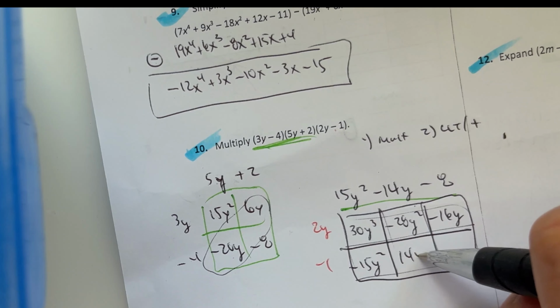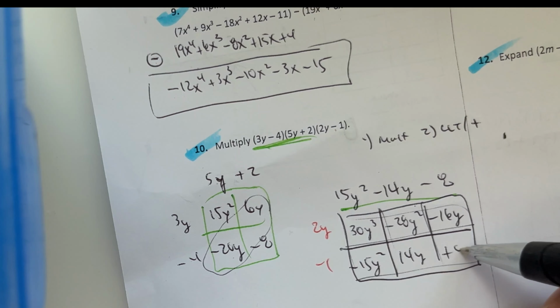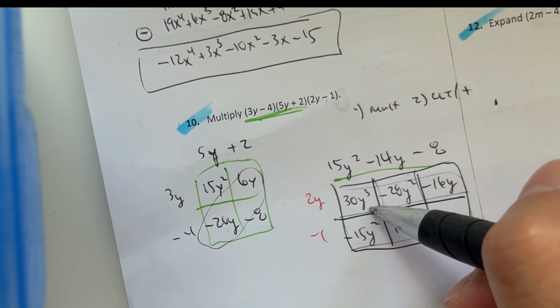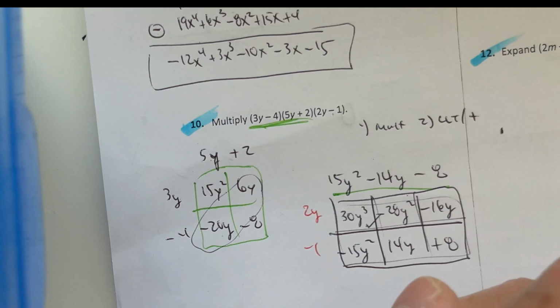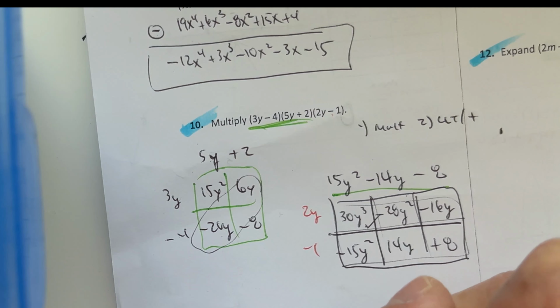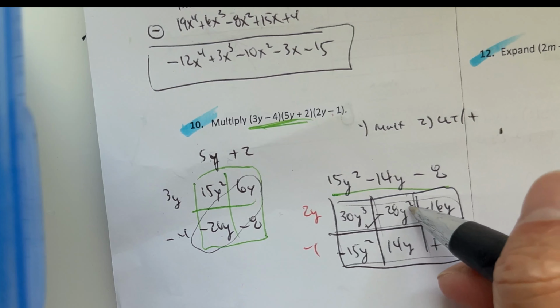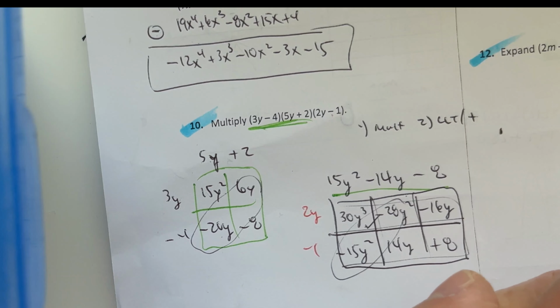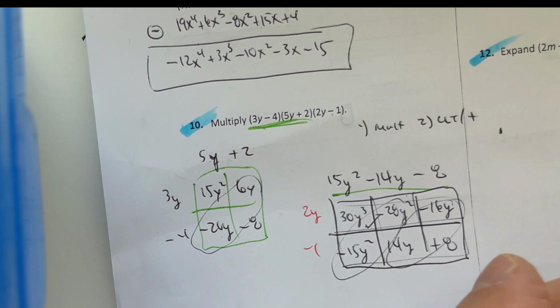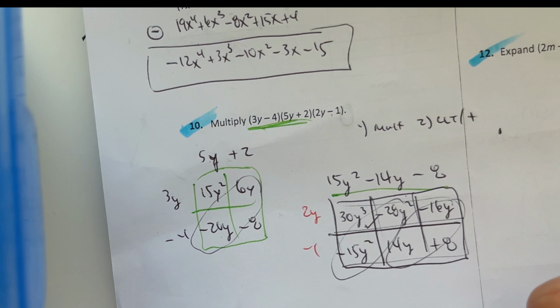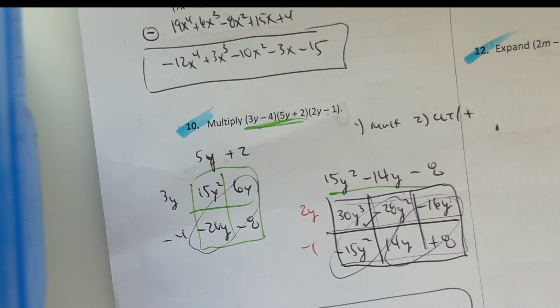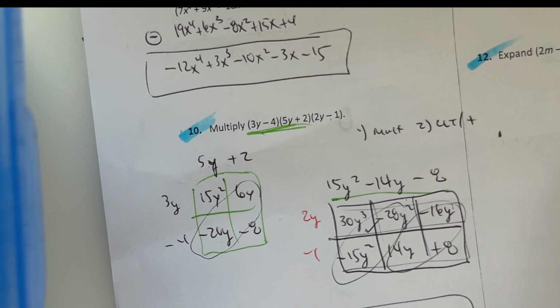Just changes the math operation. And then I like to put check marks as I go. 30y to third, that's a 30. Negative 43y squared. Negative 2y plus 8. Box your answer.